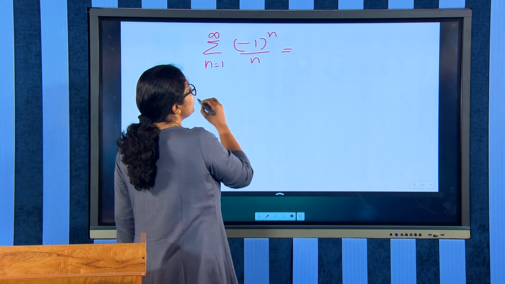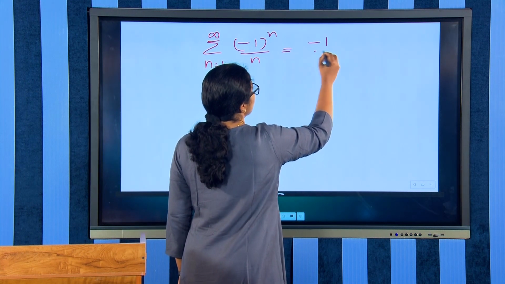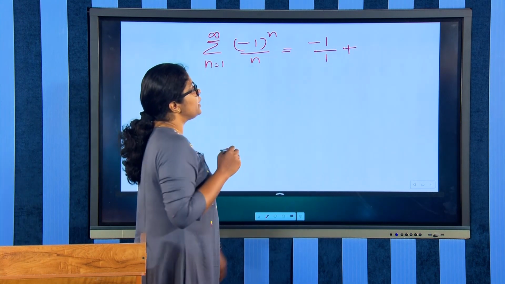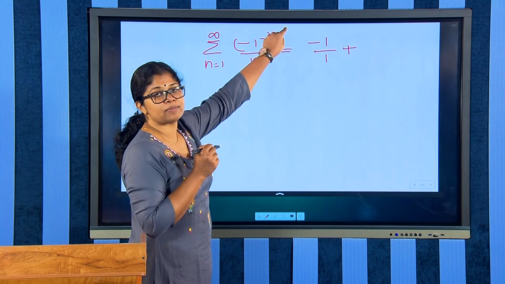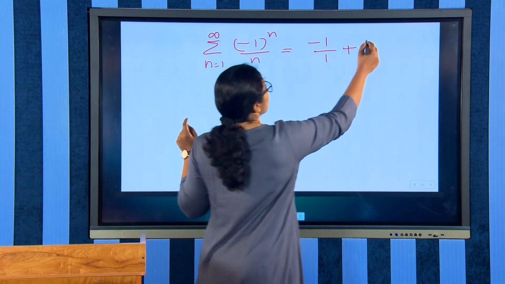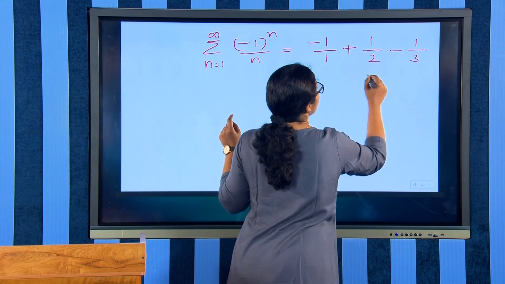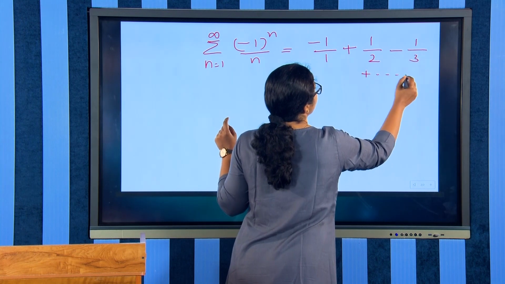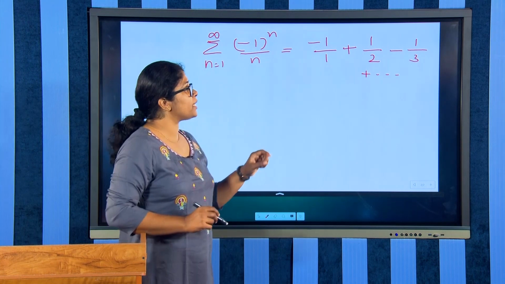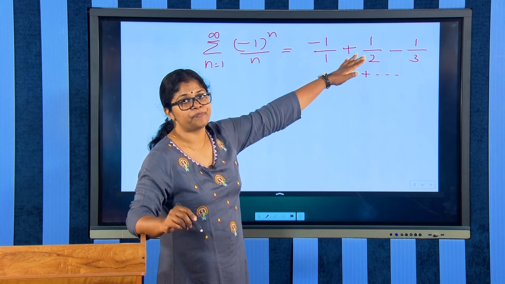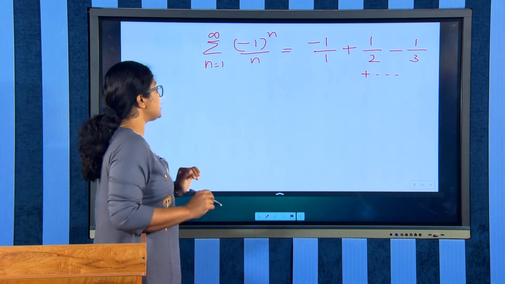If you put n equal to 1, we can see it is negative 1 upon 1. If you put n equal to 2, negative 1 power 2 becomes positive, so that is 1 upon 2, then negative 1 upon 3 and so on. We can see that the terms are alternatively negative and positive, and so this is an alternating series.